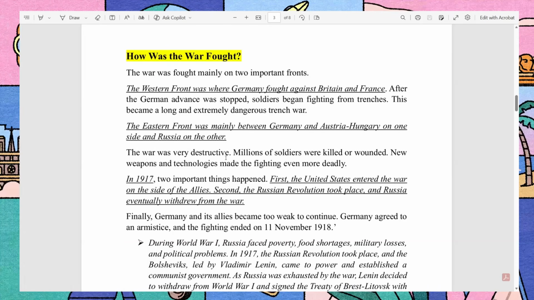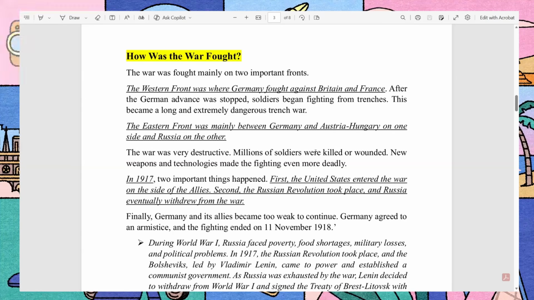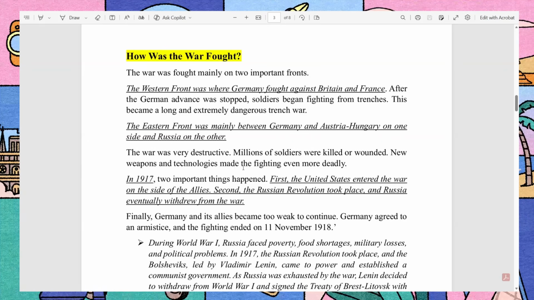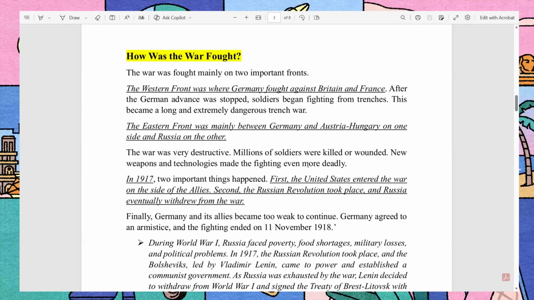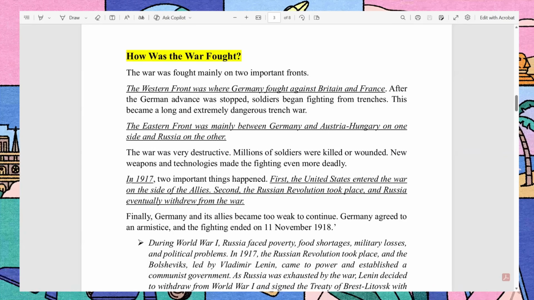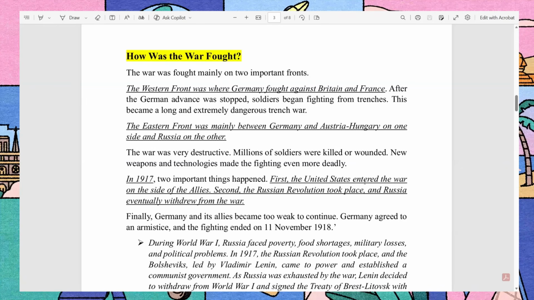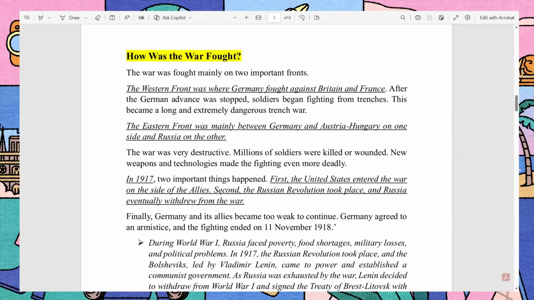The war was very destructive. Millions of soldiers were killed or wounded. New weapons and technology made the fighting even more deadly. In 1917, two important things happened. First, the United States entered the war on the side of the Allies.